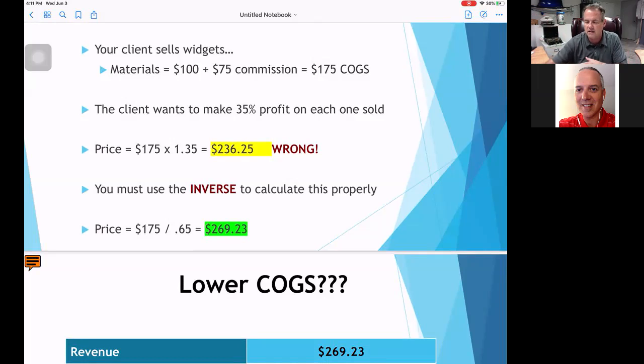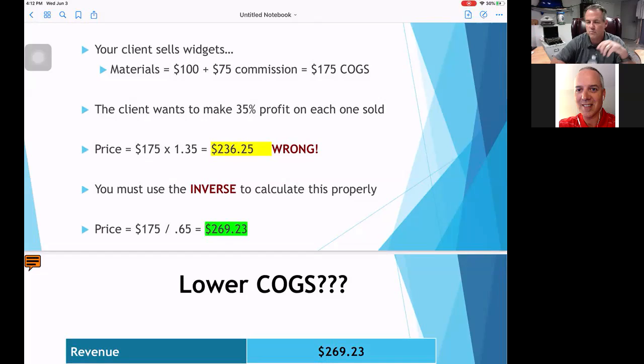Then you've got 269.23, and now you've got 35%. If you take 269.23 times 35%, your profit is $94.23. When you subtract that profit, you've got $175, which is your cost. Exactly.